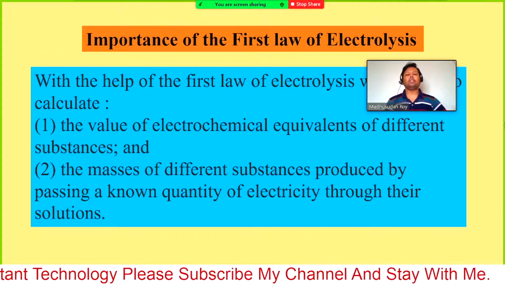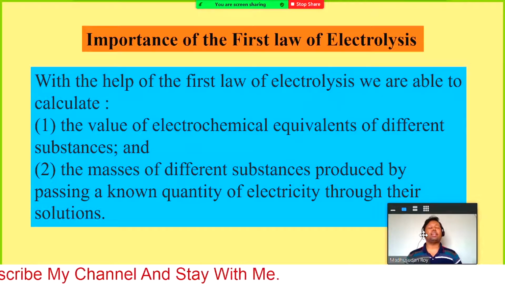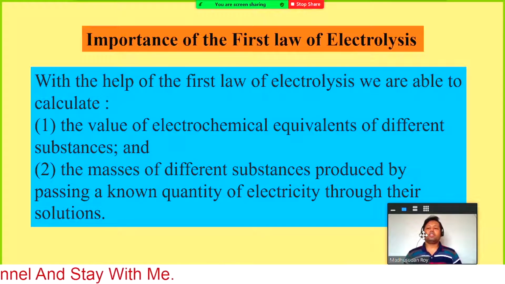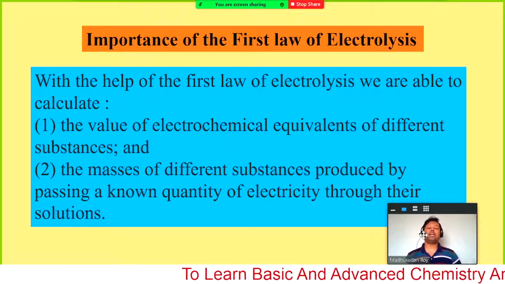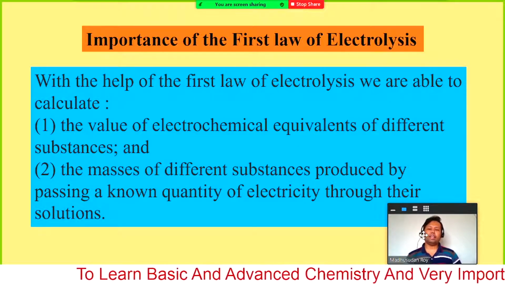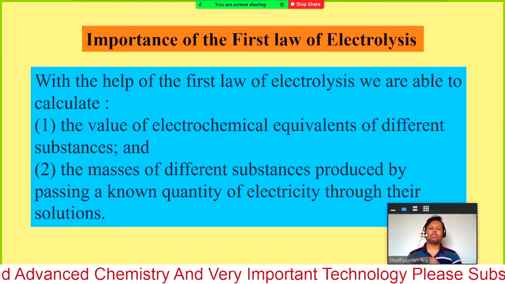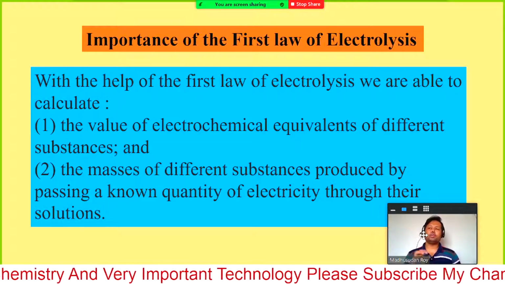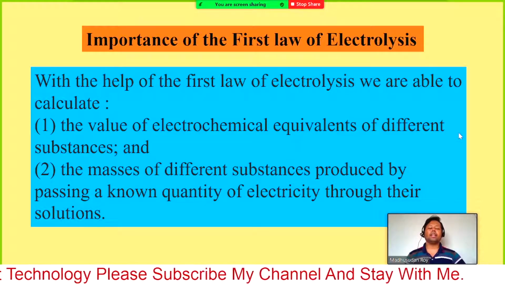Okay, then what is the importance of the first law of thermodynamics? Sorry, electrolysis, not thermodynamics. So with the help of the first law of electrolysis, we are able to calculate the value of electrochemical equivalents of different substances. That means if you supply 1 ampere of current for 1 second with different types of electrolytes, you can find out how much substance will be deposited at the electrode.